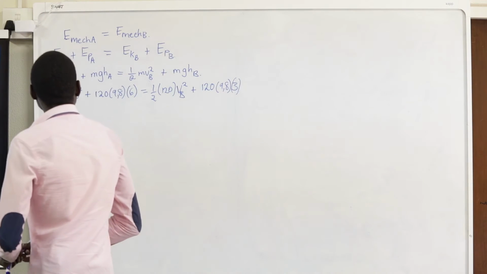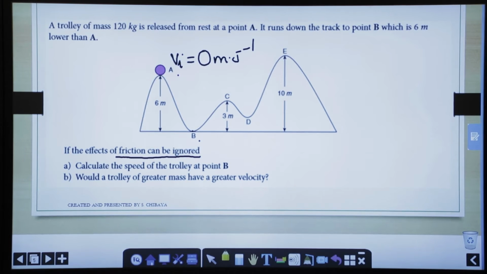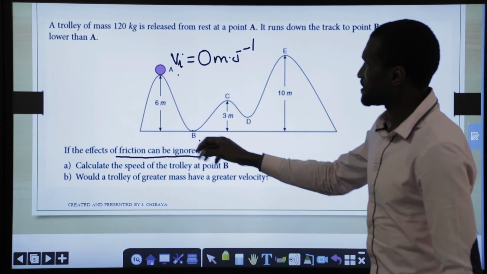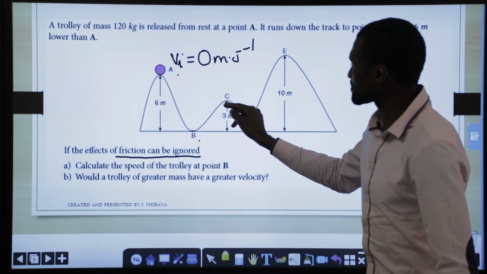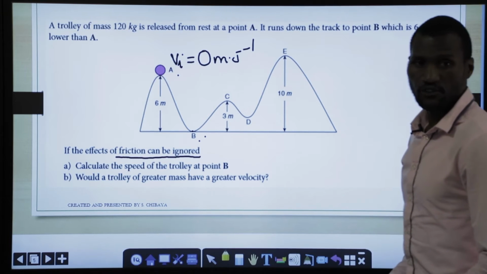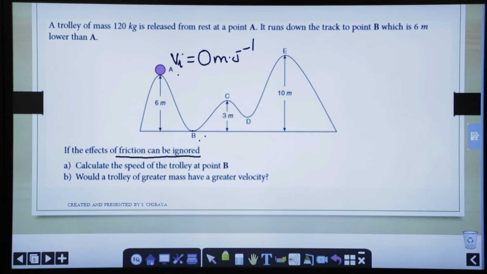Okay, so this is talking about how energy is being conserved. The energy here is equal to the energy there, and so on as we go on the ramp, right?